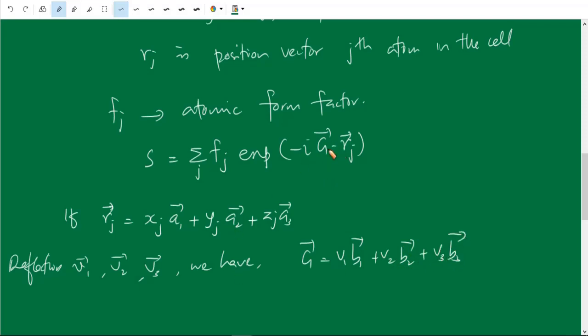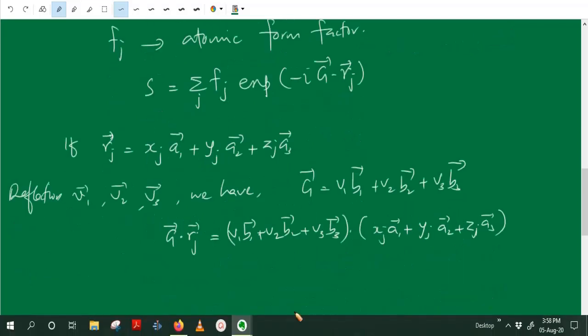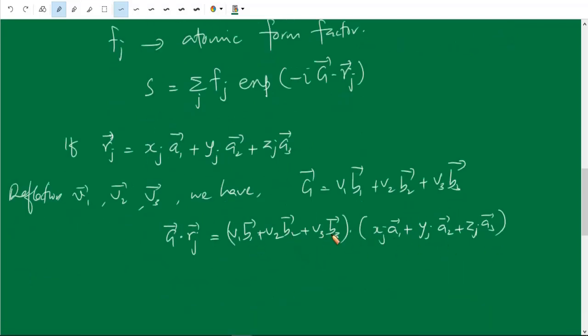Therefore, in this expression, g dot rj can be written accordingly.